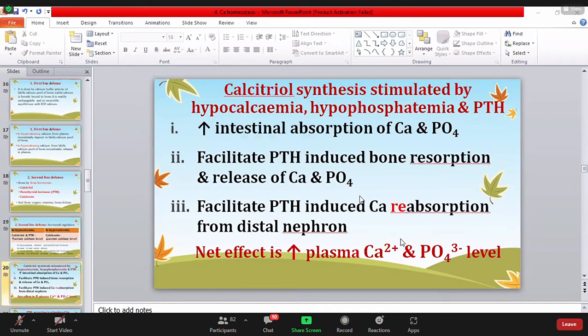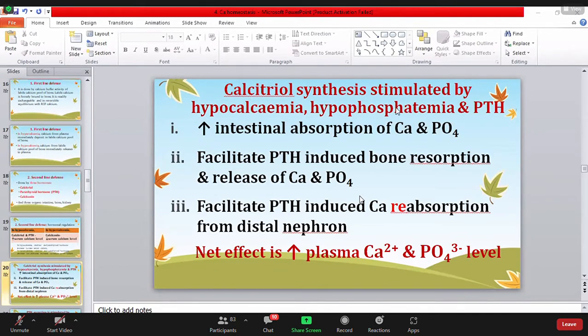Now, how do these hormones regulate blood calcium? Calcitriol, which is the active form of vitamin D, also called 1,25-dihydroxycholecalciferol. This calcitriol synthesis is stimulated by hypocalcemia, hypophosphatemia, and parathyroid hormone. What does it mean? Hypocalcemia means decreased calcium concentration in blood.